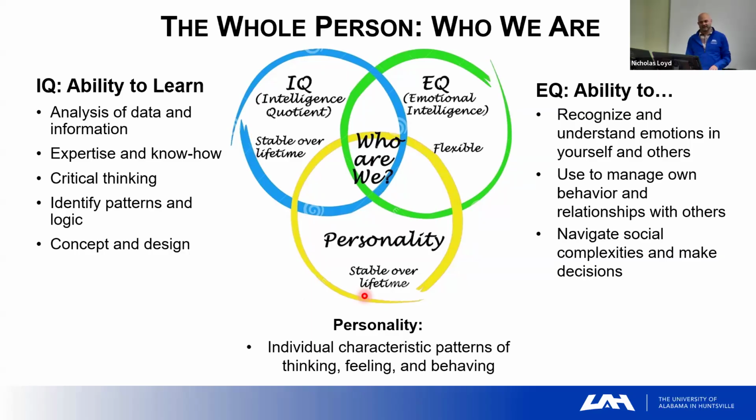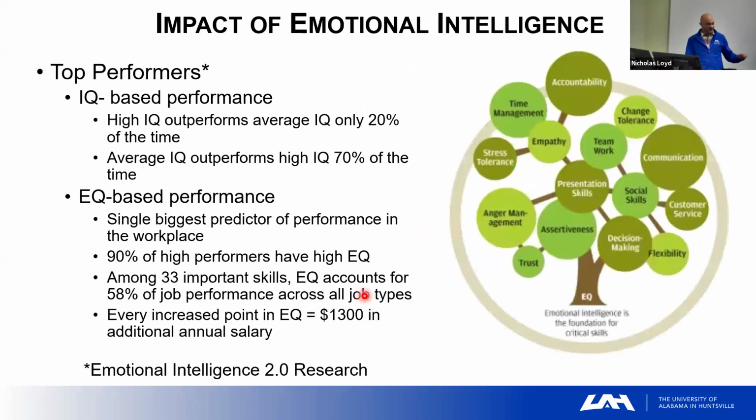IQ, personality, relatively fixed. The third part of us psychologically is emotional intelligence, and it is the one out of those three that is a set of skills that you can improve. In research, it is the number one indicator of performance and leadership, based on Emotional Intelligence 2.0's research.